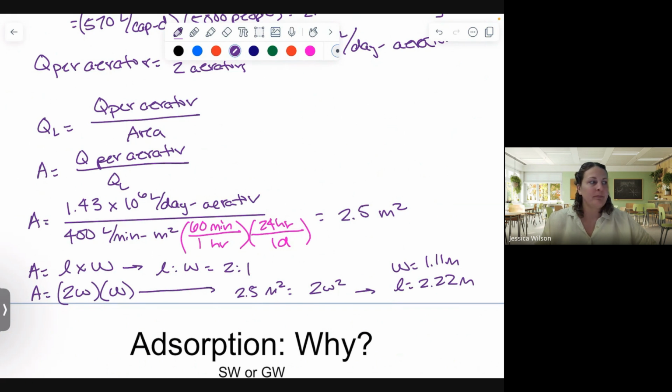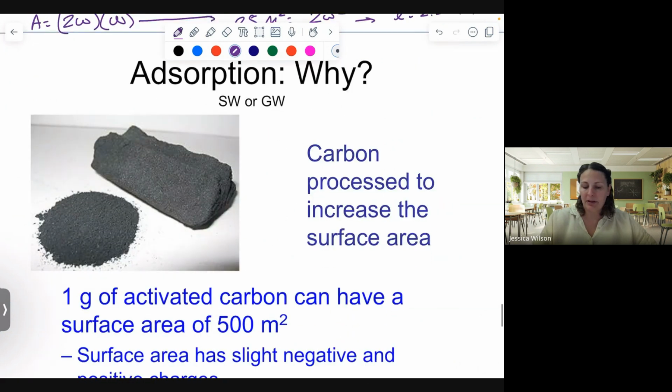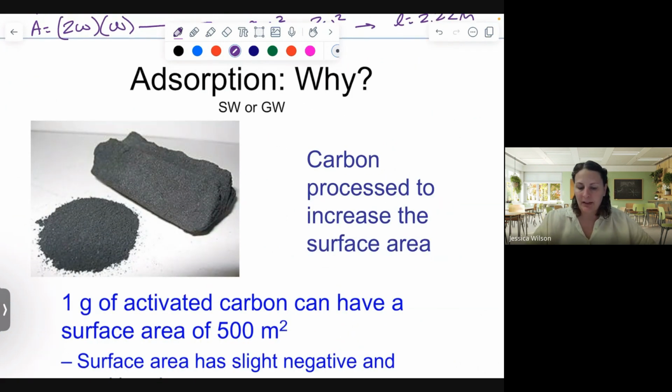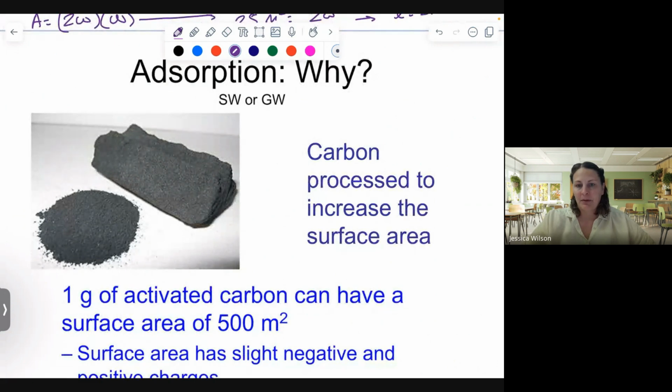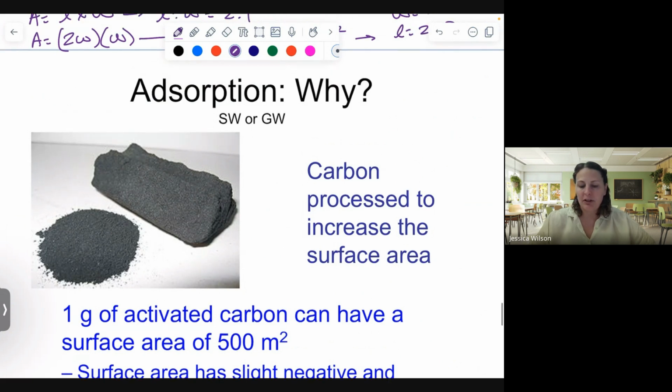Okay. So the last preliminary unit operation that I'll just mention briefly here is adsorption. Adsorption can be used in both surface water or groundwater treatment. And adsorption is really typically employed to remove taste and odor causing compounds. It can also remove discoloration from water.